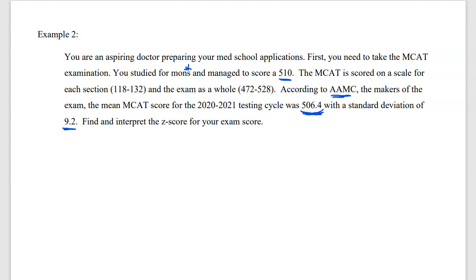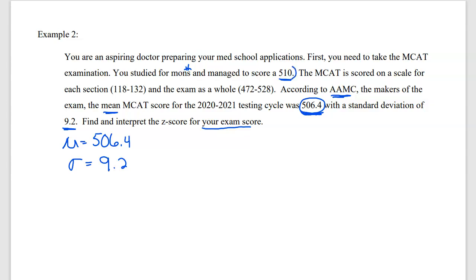So this right here is my mean. So my mean is 506.4. My standard deviation is 9.2. Find and interpret the z-score for your exam score.